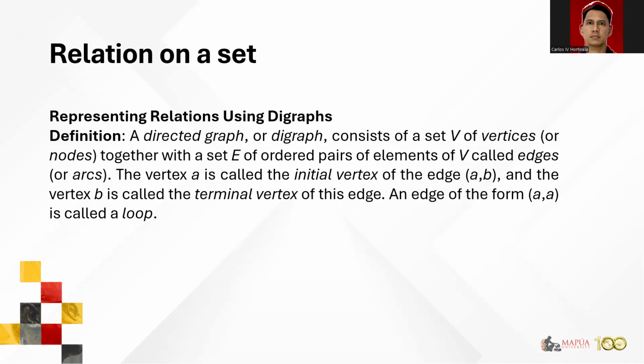And vertex B is called your terminal vertex, which is the vertex where your directed edge points to. Note that you can represent relations using digraphs only if relations come from set A to set A. So if you have an edge pointing from element A back to element A, that edge is referred to as a loop.